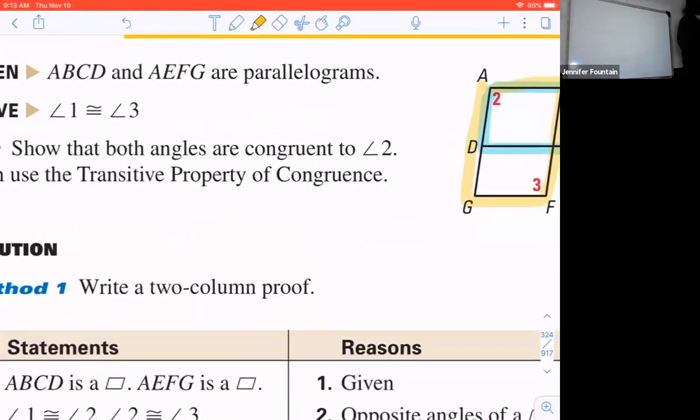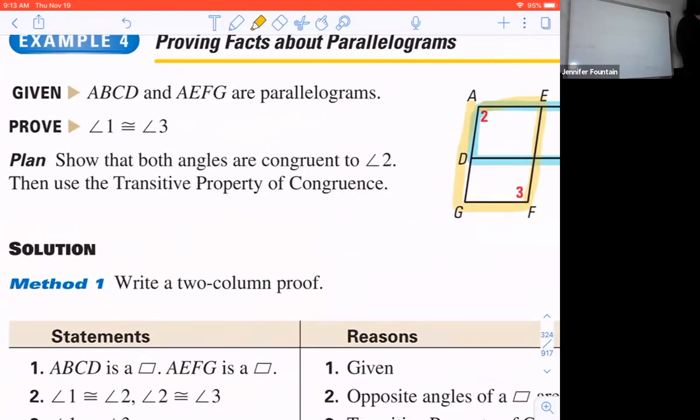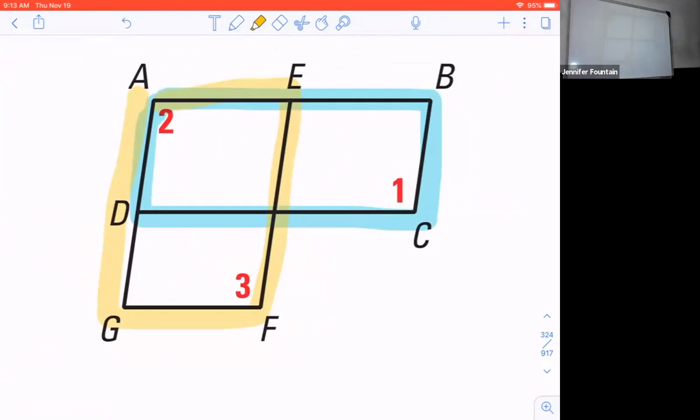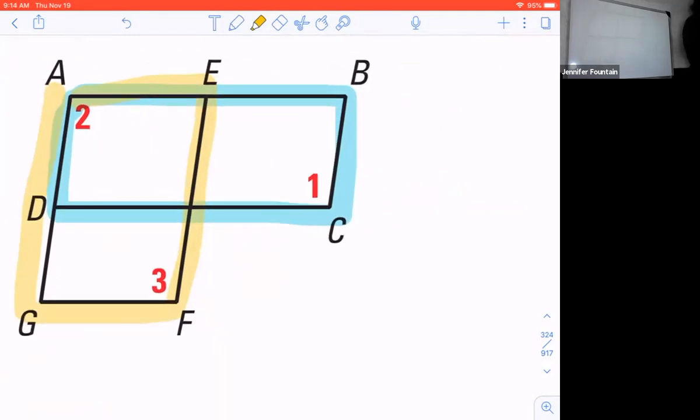Therefore, it says to prove that angle 1 is congruent to angle 3. Take a look at this. What do I know based on my polygon rules that we talked about a moment ago? What do I know the relationship is between angles 1 and 2? Why? They are opposite angles, so angle 1 and angle 2 are opposite angles.